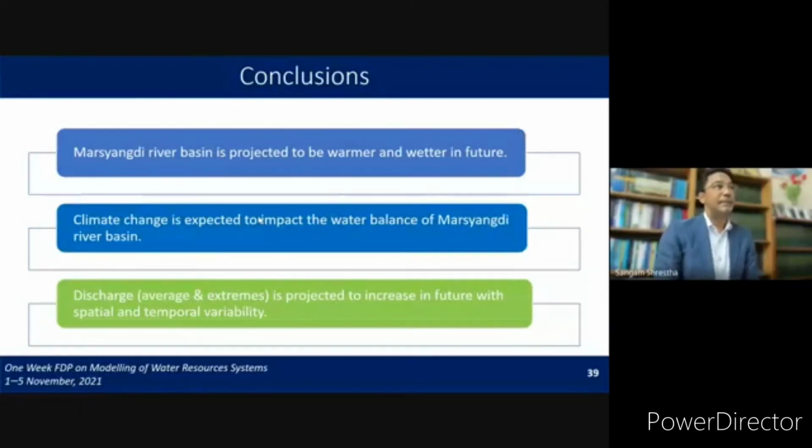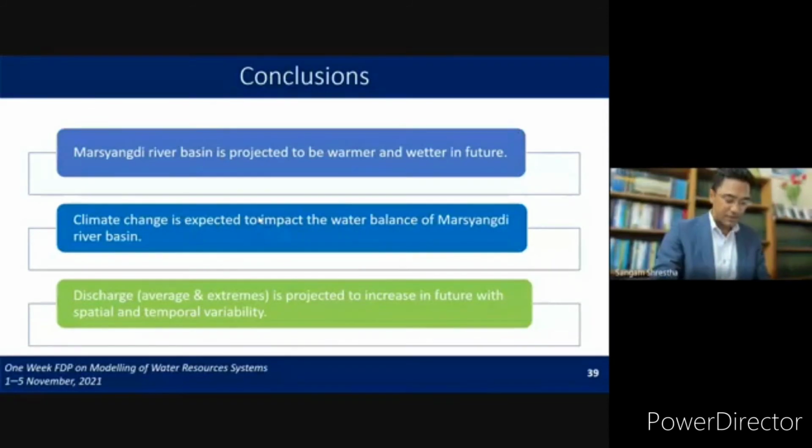As you rightly noticed, the basin is projected to be warmer and wetter in the future, right? And climate change will bring impact on the water balance.